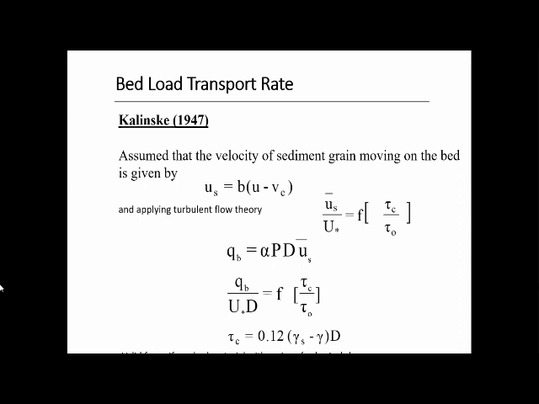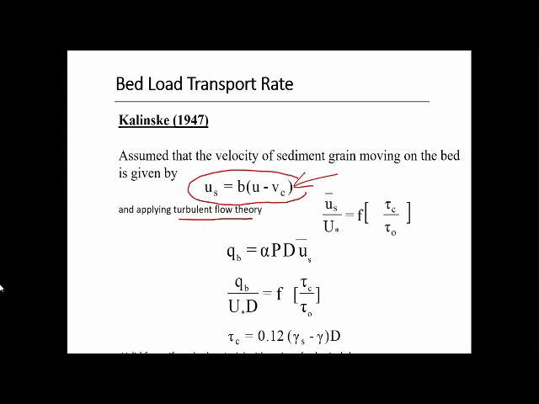But Kalinske argued that he assumed that the velocity of the sediment grains moving on the bed is actually given by these equations. So it has to do with the turbulent velocity function, or turbulent flow theory. U s here is the average or mean sediment velocity. B here is a constant, a coefficient that is normally taken as 1 or close to 1.